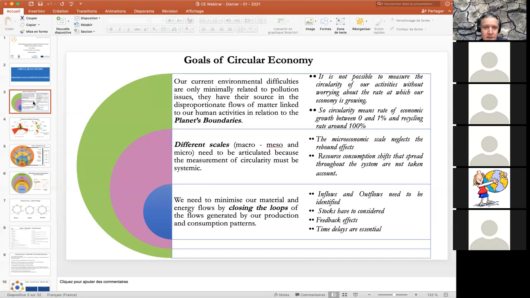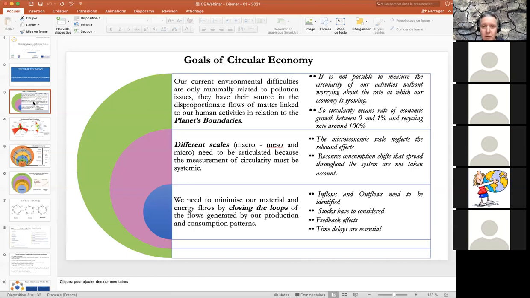The second goal we have to introduce here is different scales. I would like to show you that most of the time we try to fix the micro level, which means we are very focused on the company level, firm level, sector level. And the problem is, when you try to imagine what circular economy means, you need to have a global view.